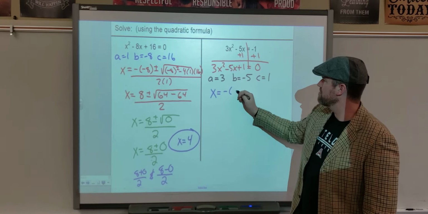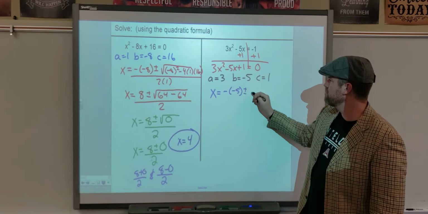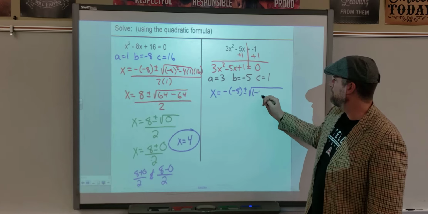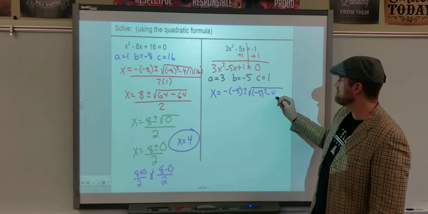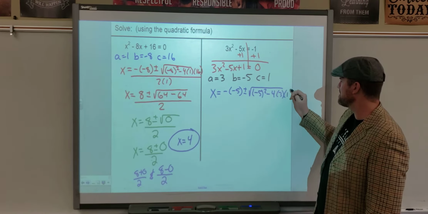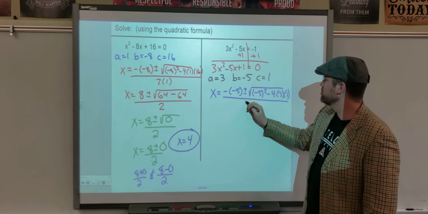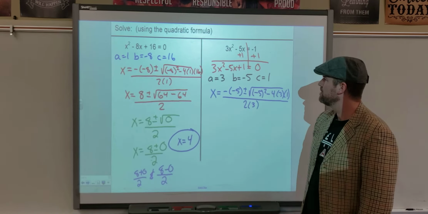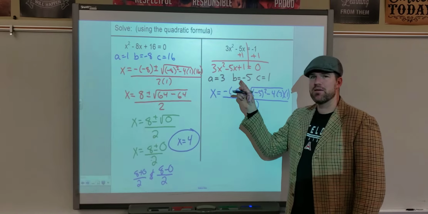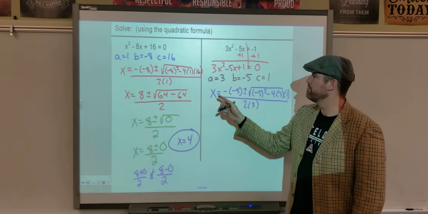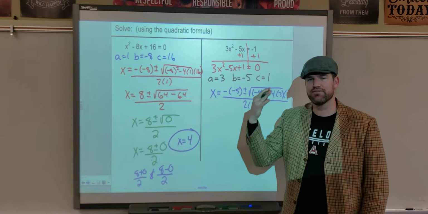X equals negative b plus or minus the square root b squared minus 4ac all over 2a. I always recommend writing down A, B, C. Some people like to skip that step, but if you write it down, just having it visually is going to help you.